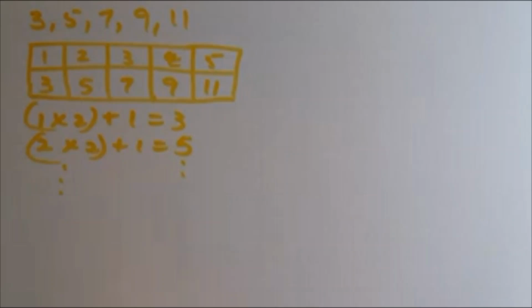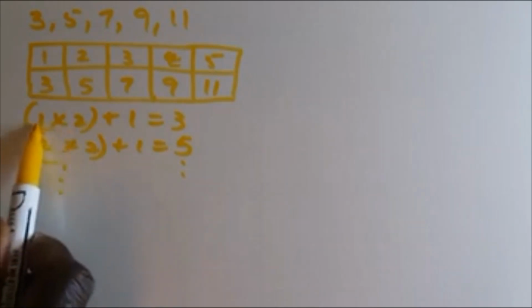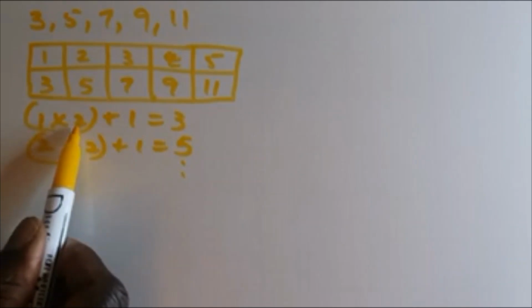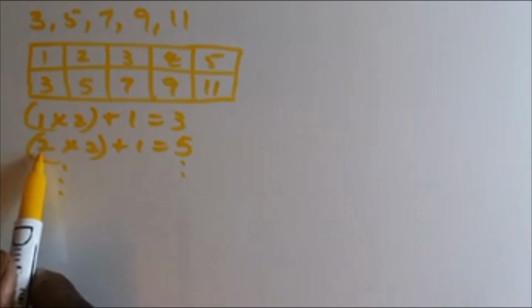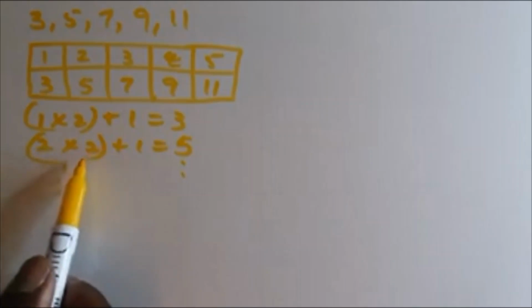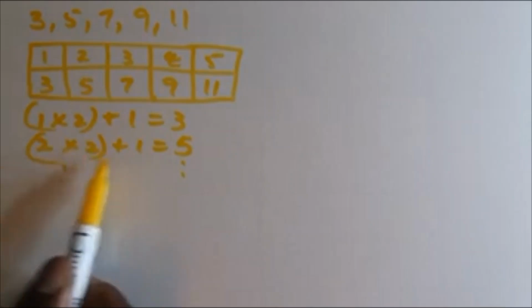Now what are we seeing? We're seeing that we're multiplying the position by 2 in each case. In this case here, again, we multiply the position by 2, and that's consistent. We're always doubling the position and then adding 1.